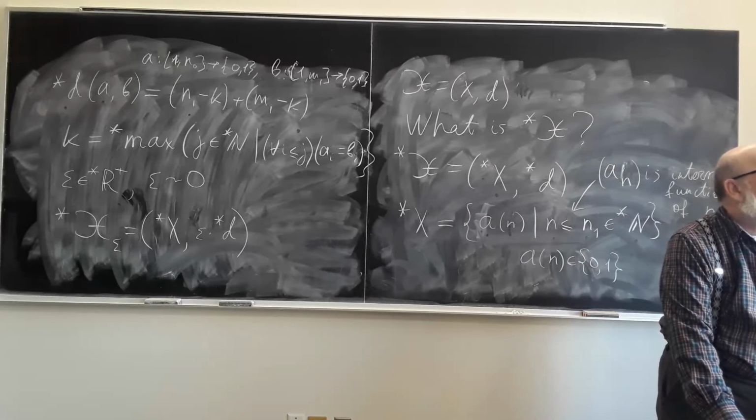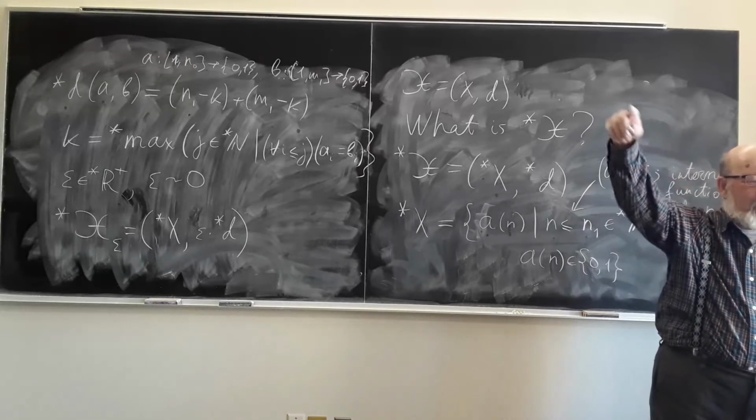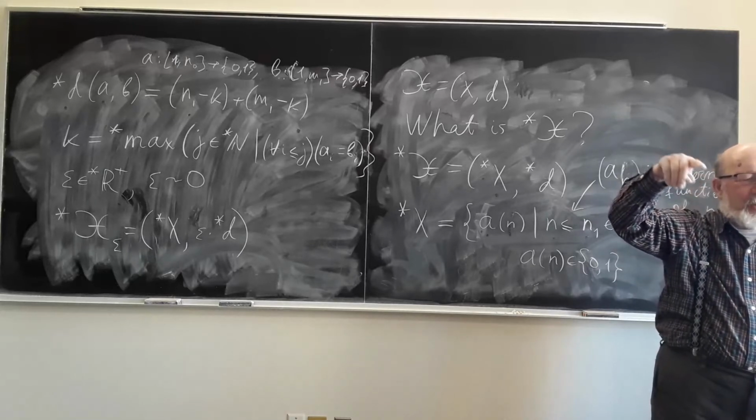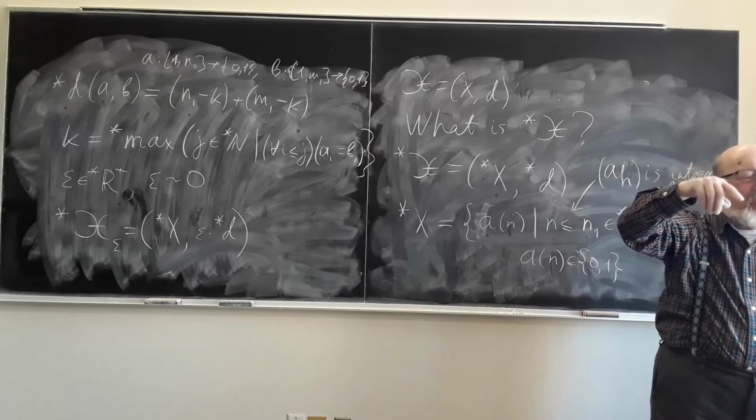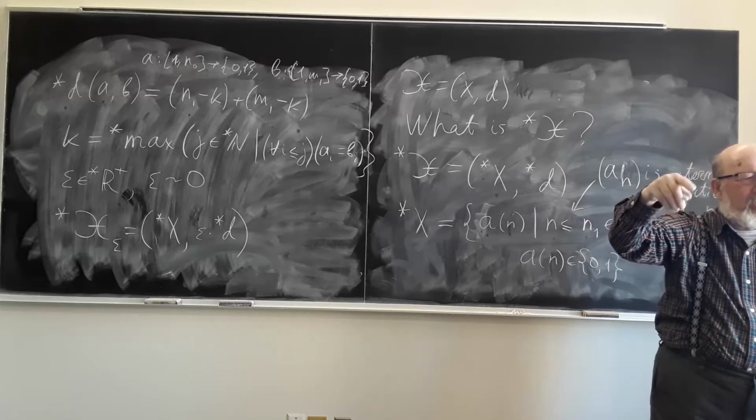This means that for all i, or almost all i, we choose some n depending on i, and the value of the sequence depending on i.